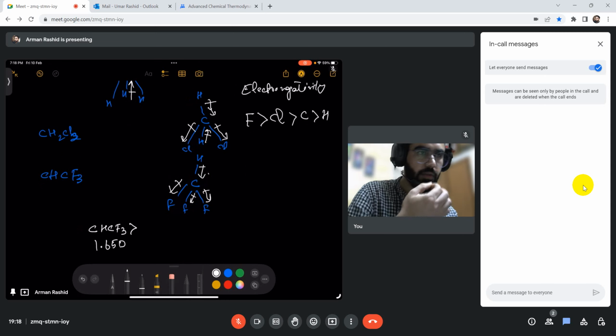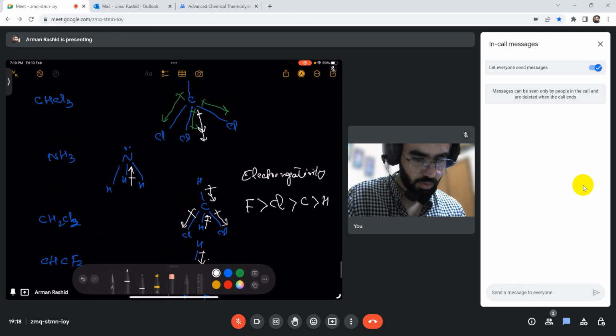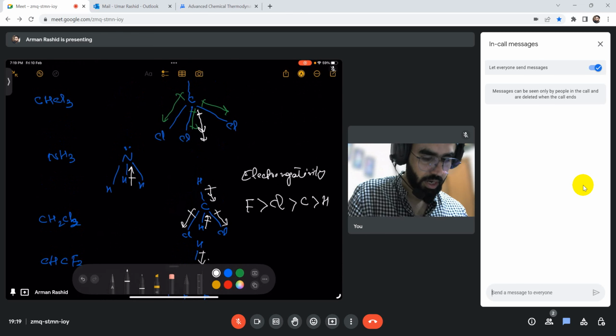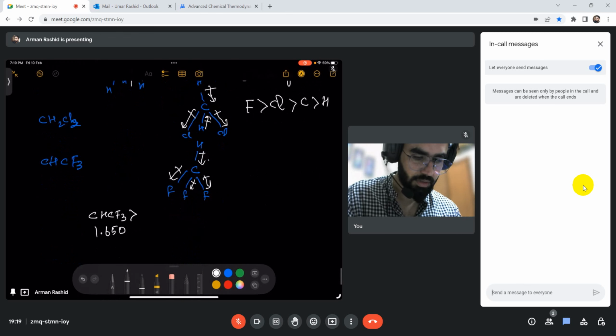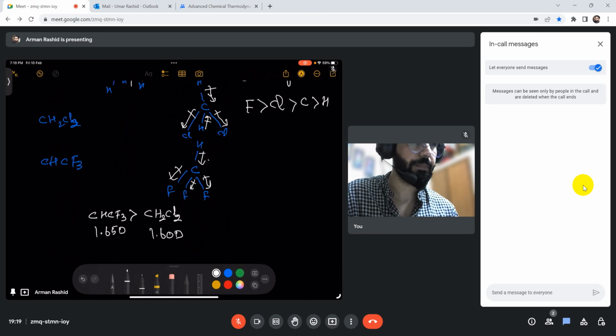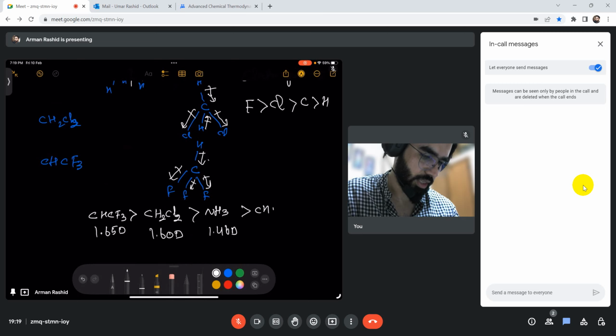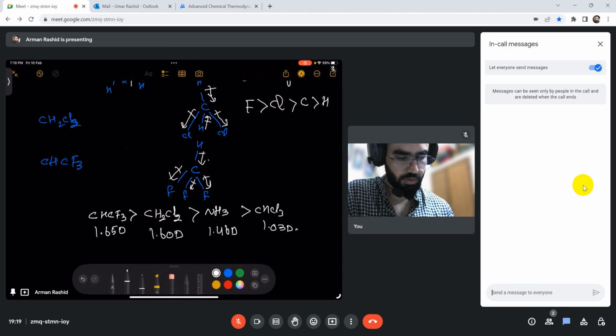Then we have Cl here, two Cl's against each other, and then we have CH2Cl2, it has 1.6 D. Then we have NH3, it has 1.46 D. Then we have CHCl3, it has 1.03 D. So that is our answer.